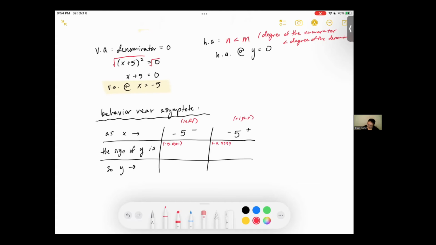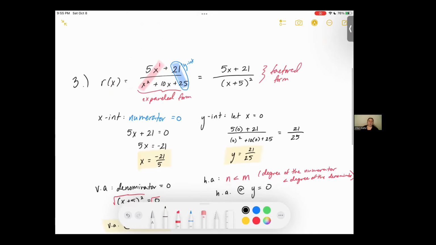We're just thinking very close to -5 from either side of that value. So if we think of those numbers, we want to look at: is my numerator negative? Is my denominator negative or positive? What is the final sign going to be here? If we look at our function, we see that our denominator is squared, which means it doesn't matter what value we plug in for x.